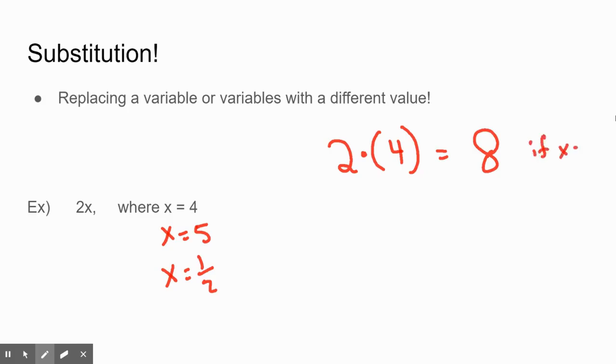So we'd say that this will be equal to 8 if x is equal to 4. We could also do this if x was 5, or if x was 1/2. We could evaluate all of those. Substitution just means that you're replacing your variable with, for right now at least, a number.